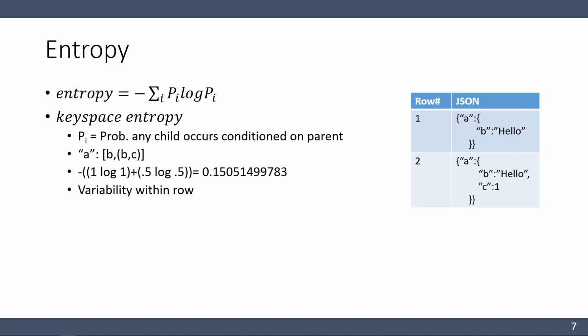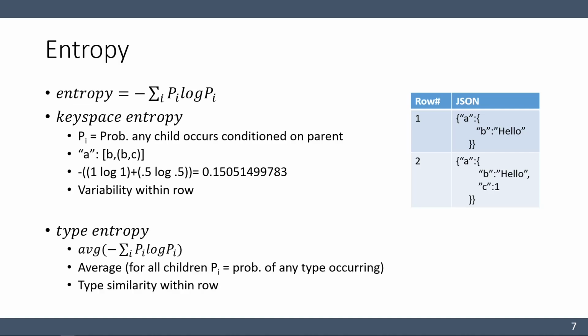We define key space variations using our entropy formula, with the probability of a key occurring within an object, or size for arrays. This metric then maps variability to an interval from 0 being fixed and increasing with volatility. We define a similar computation for types, using the probability a type occurs in a row structure, then averaging across all rows.